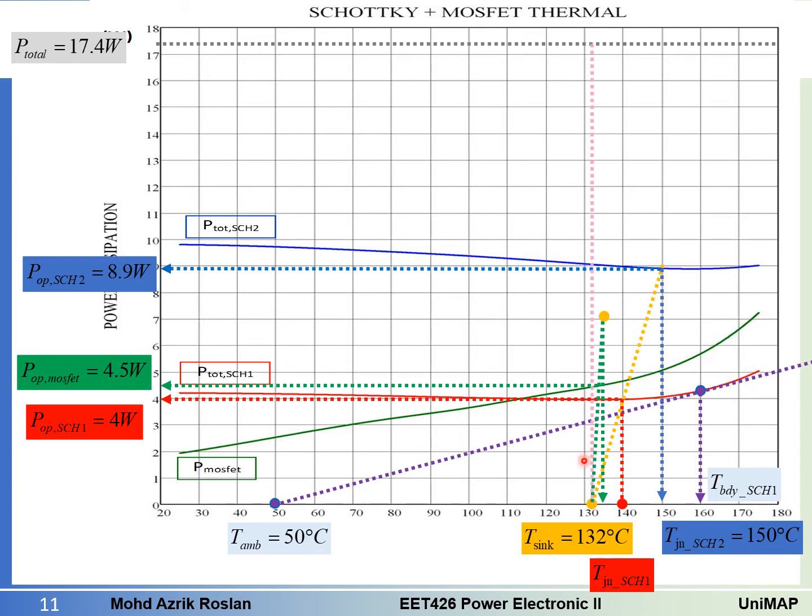This is the line, and then we connect this to the ambient temperature. This is the thermal resistance slope for the heatsink, required to cool down all the components that we have, which are 2 Schottky diodes and 1 Mosfet.